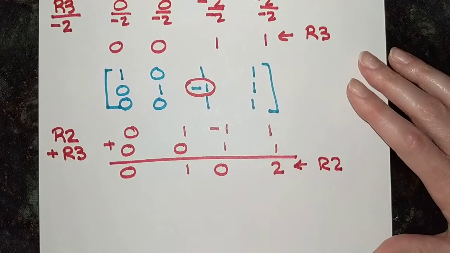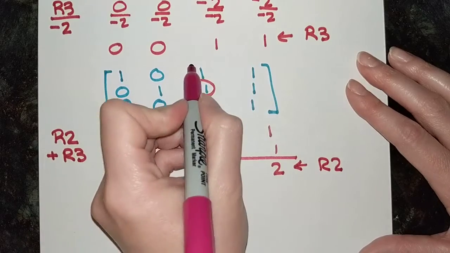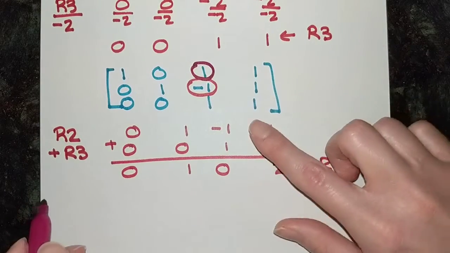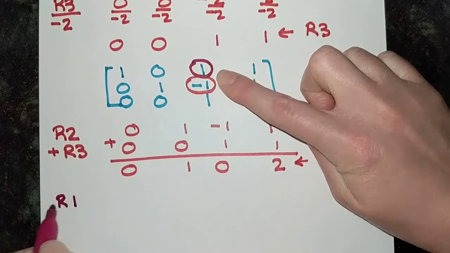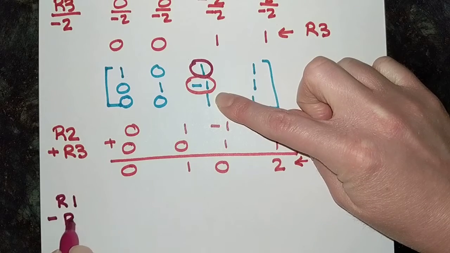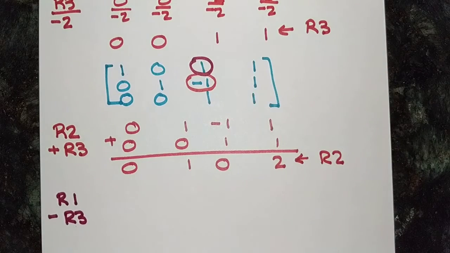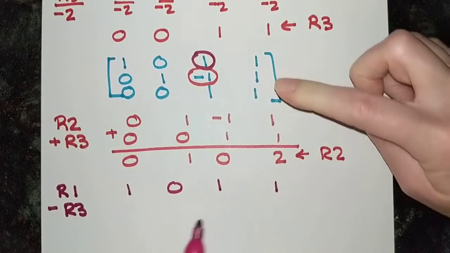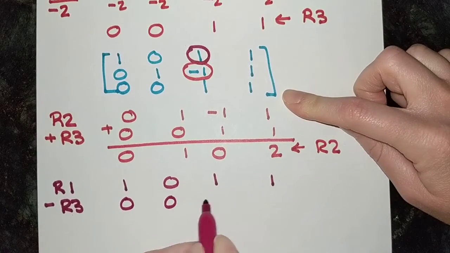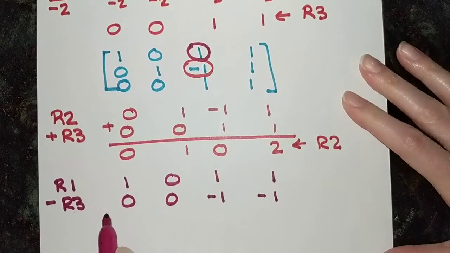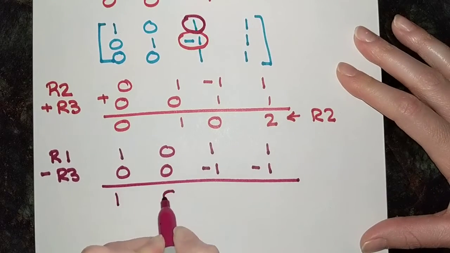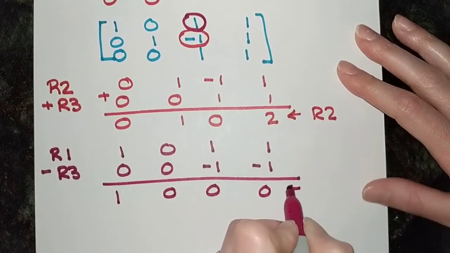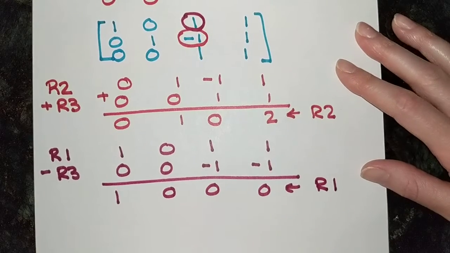And then the same process for row 1, starting with row 1, you will subtract row 3 from that to get the 0. So row 1 is going to look like 1, 0, 1, 1, and then row 3, 0, 0, -1, -1. So that gives you 1, 0, 0, 0. A lot of arithmetic here, and then that is your new row 1.